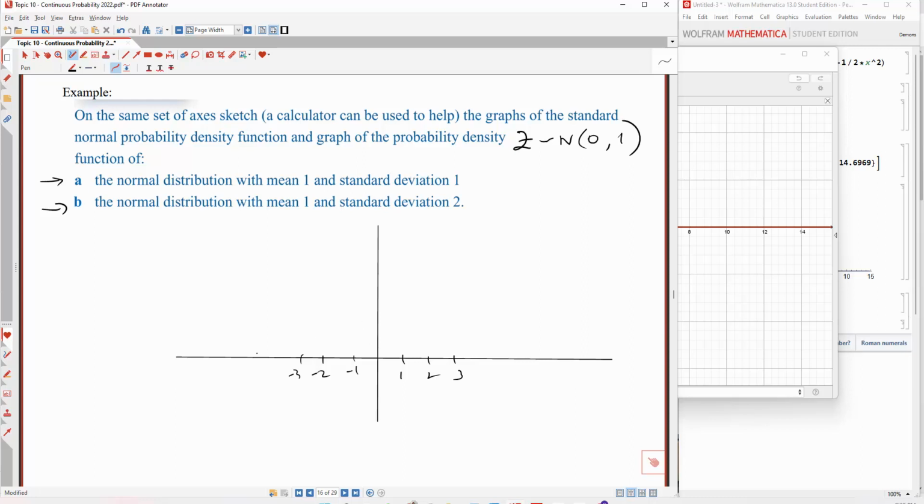Right, so we'll try to draw this curve. Terrible. Take 2. Awful. Oh, that's not bad. Okay, we'll take that. So this one here is the Z distribution.